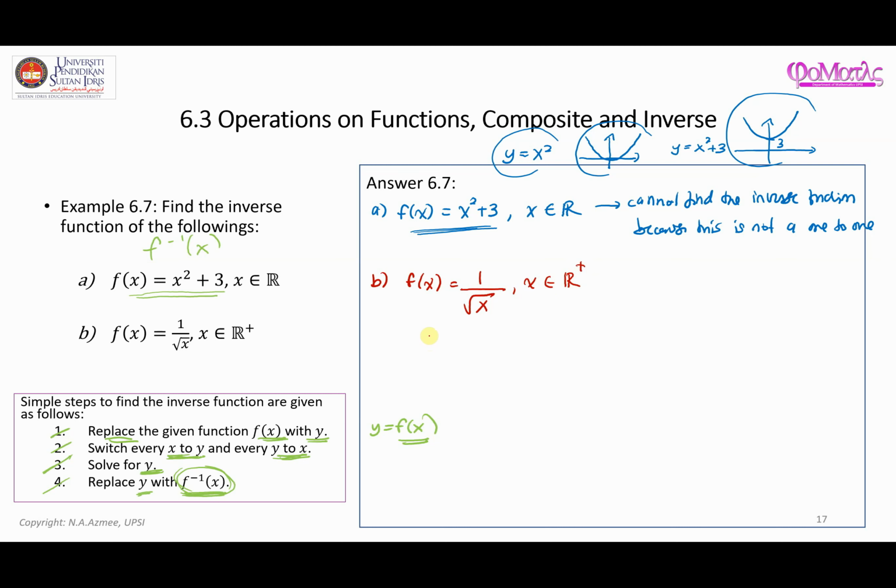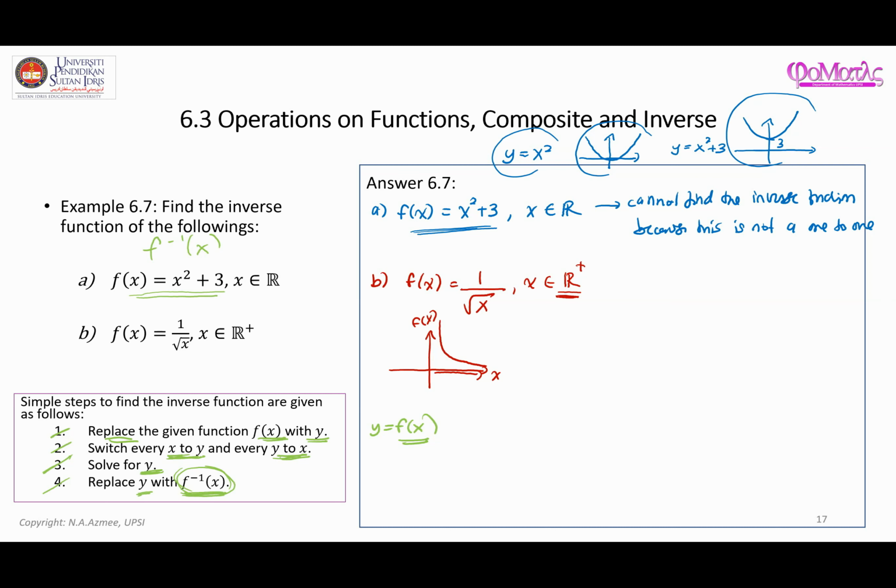It basically looks like this. So this is your x, this is your f(x), and since you're talking about real positive numbers, you're talking from 0 towards positive infinity. So clearly based on this, you can see that this function is a one-to-one function, and so you should be able to find its inverse function.